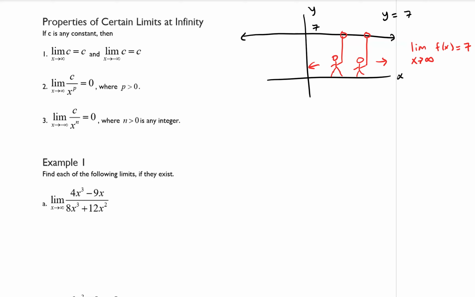We're allowed to do that because basically I'm multiplying by 1. In this example, the highest power is 3. So I'm multiplying by 1 over x cubed over 1 over x cubed, which is a fancy way of saying 1. As long as you multiply something by 1, it doesn't change its value. It just changes its form.